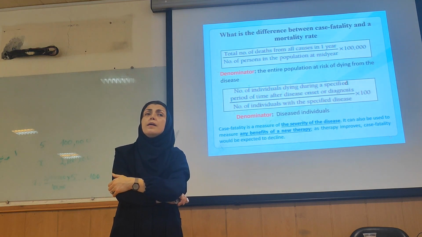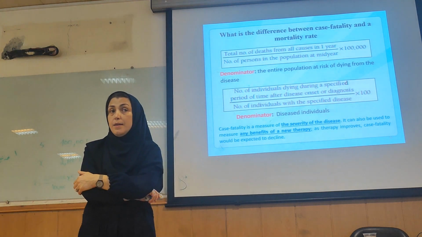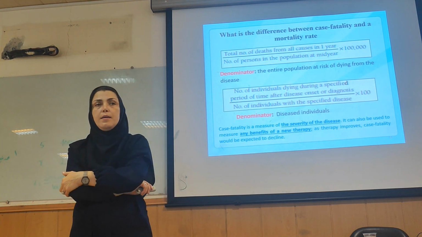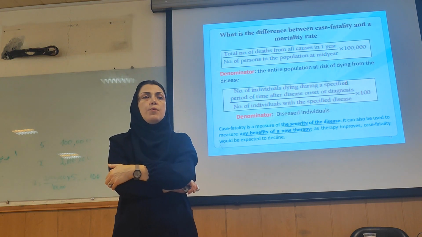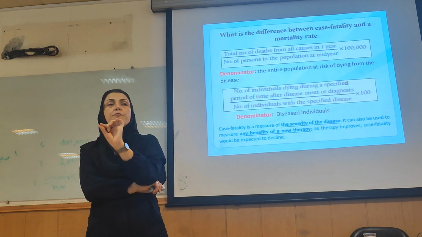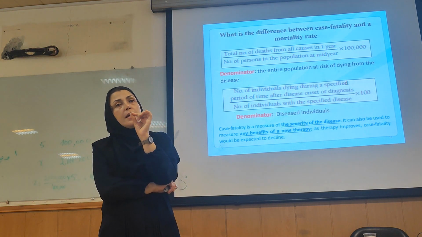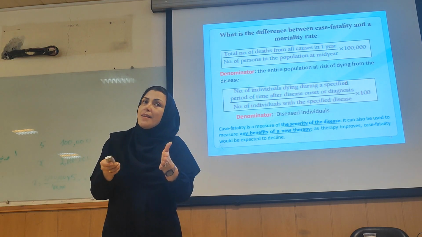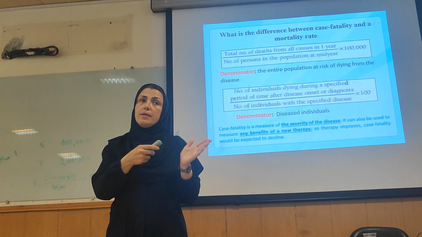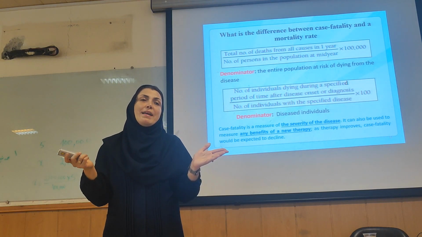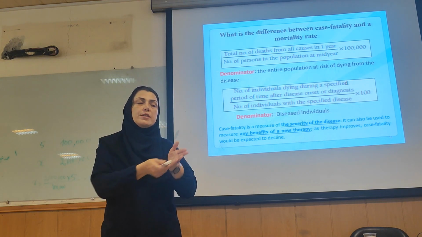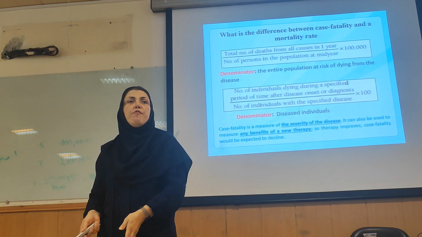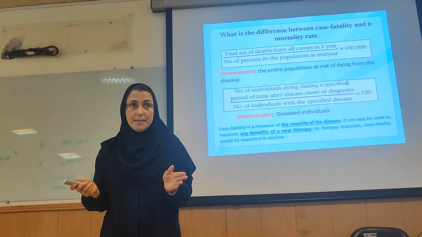They died maybe due to an unrelated thing, maybe a car accident or something like that. Are they considered in the numerator or not? No. For case fatality, it should be certified that the death is related to the disease, not, for example, random deaths, for example, car accident, falling, or something like that.